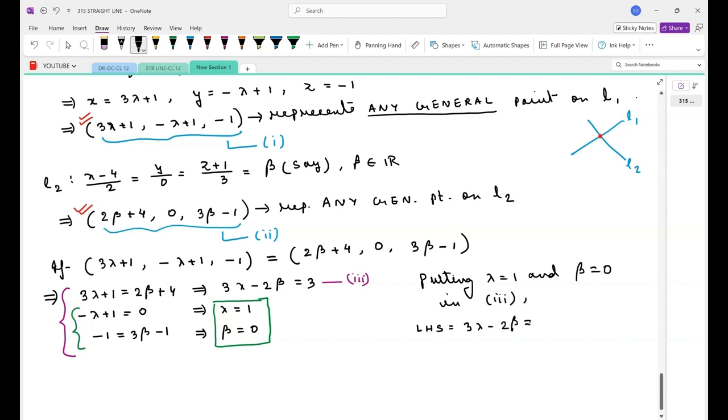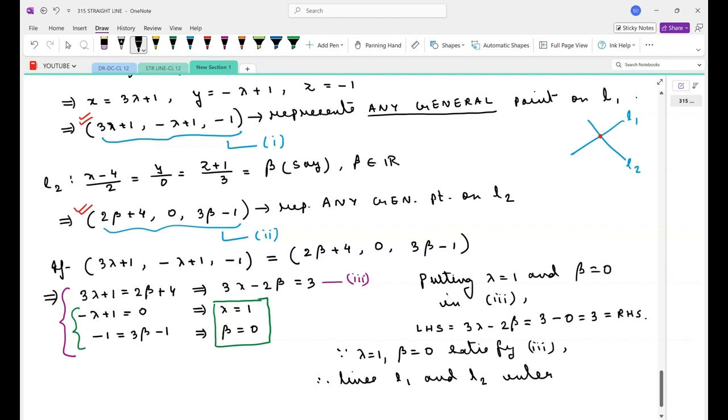So let's put the values. 3 lambda is 3 and 2 beta is 0, so 3. That is RHS. So since lambda equal to 1, beta equal to 0 satisfy 3, therefore lines L1 and L2 intersect, because we have imposed the condition of intersection.